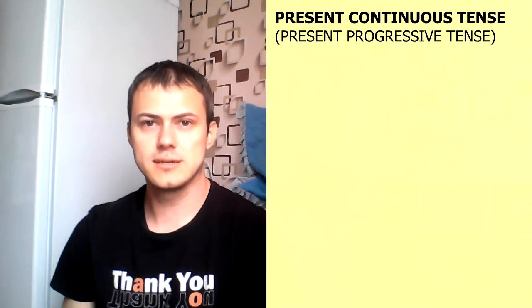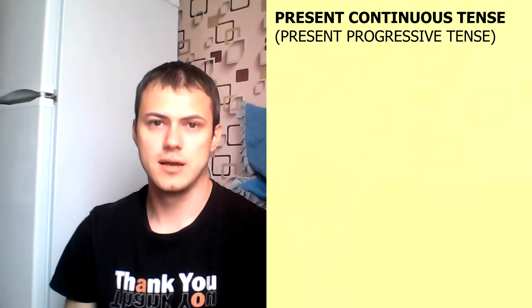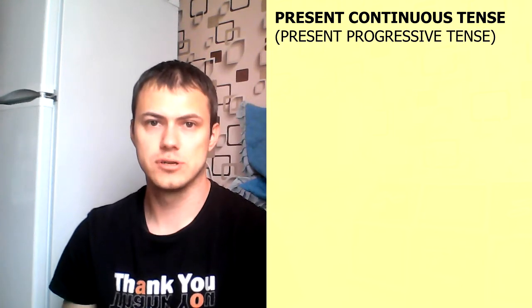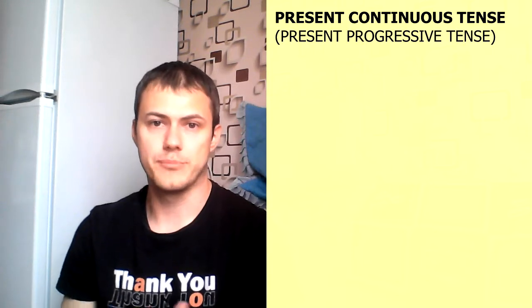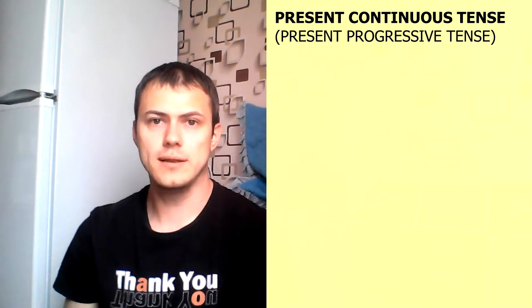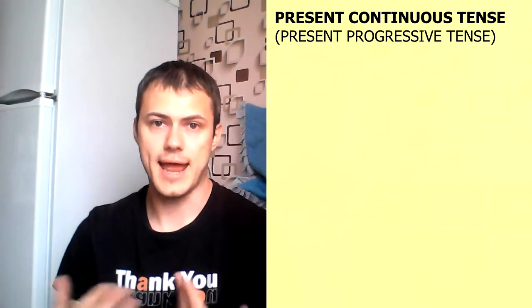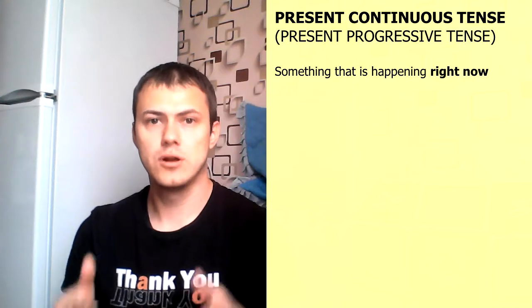So, the present continuous tense, or some people may call it present progressive tense, is one of the most common and simplest tenses of the English language. Usually, we use the present continuous tense when we are talking about events and actions that are happening right now.